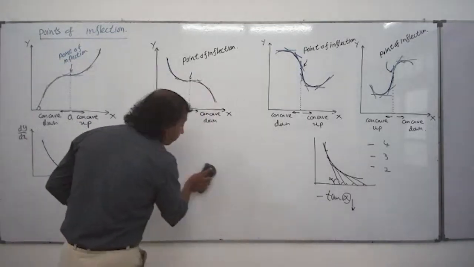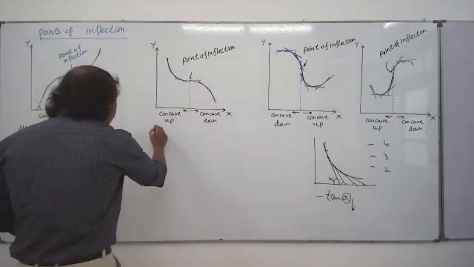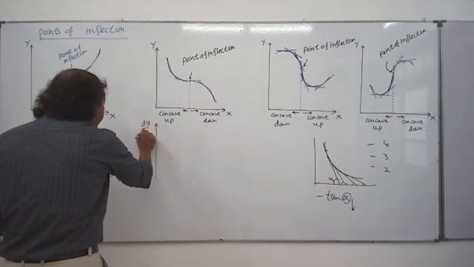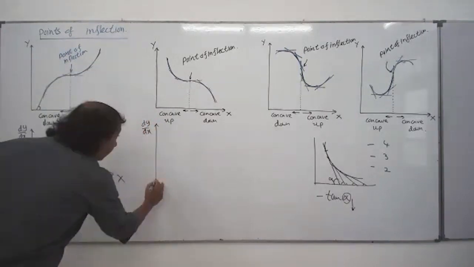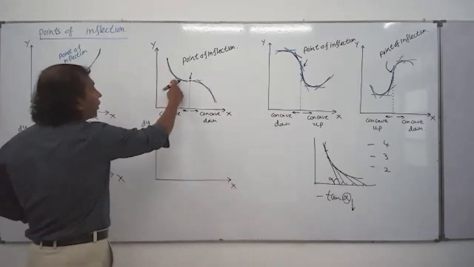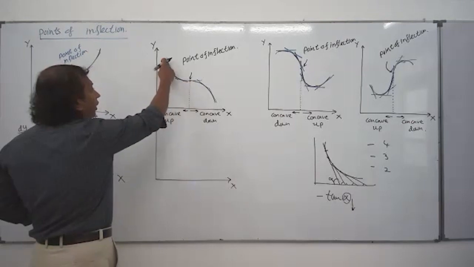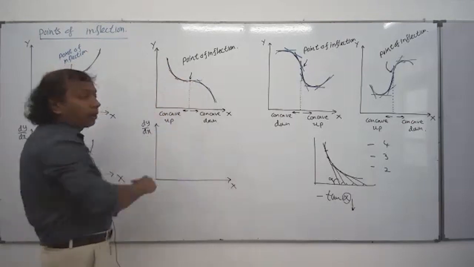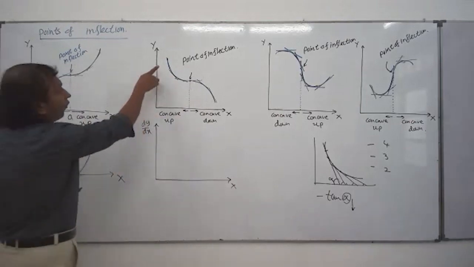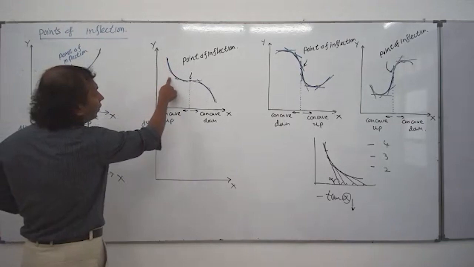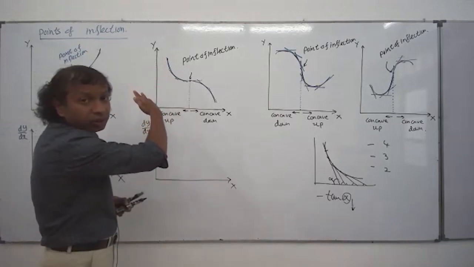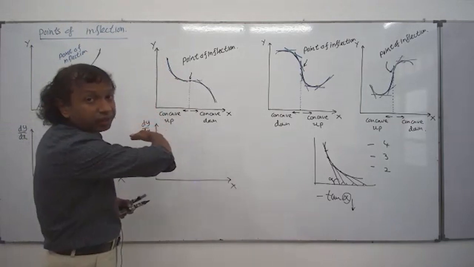Similarly, people, if I construct the dy by dx graph against x, this axis I can take as dy by dx. Here the x-axis. From here to here, you can see, people, the gradient is negative. But when we keep drawing the tangents from here to here, that tangent makes smaller angles, a decrease in the angle.